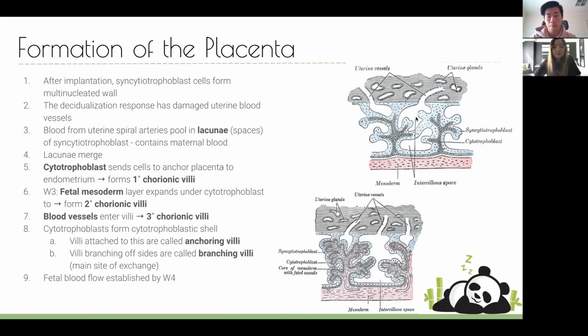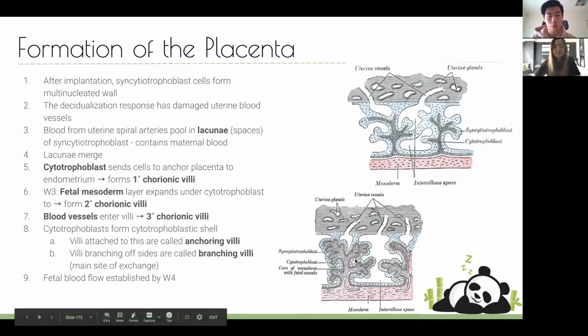Eventually they merge, and then the cytotrophoblast, which are these cells here, send cells to anchor the placenta to the endometrium. So this is the endometrium, and the cytotrophoblast is anchoring it there. And that forms your primary chorionic villi. And then by week 3, your fetal mesoderm cells expand under the cytotrophoblast, and they form secondary chorionic villi.